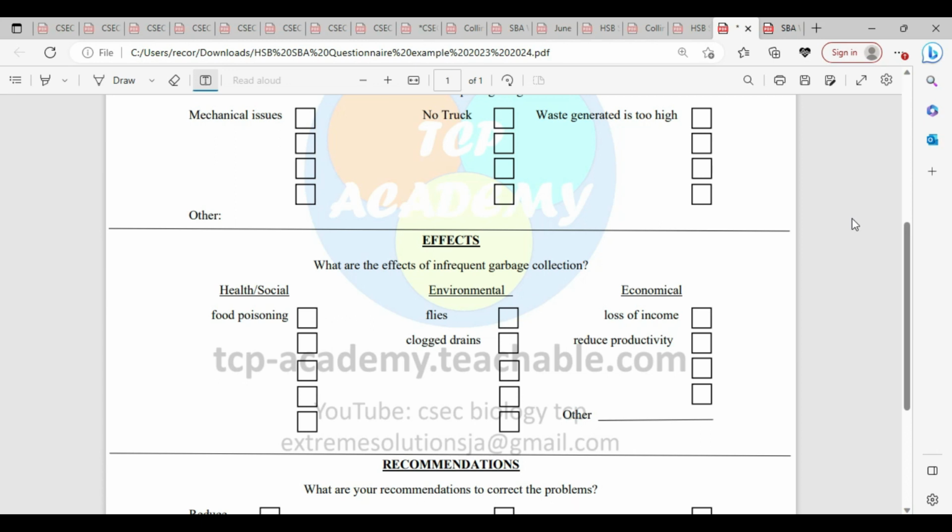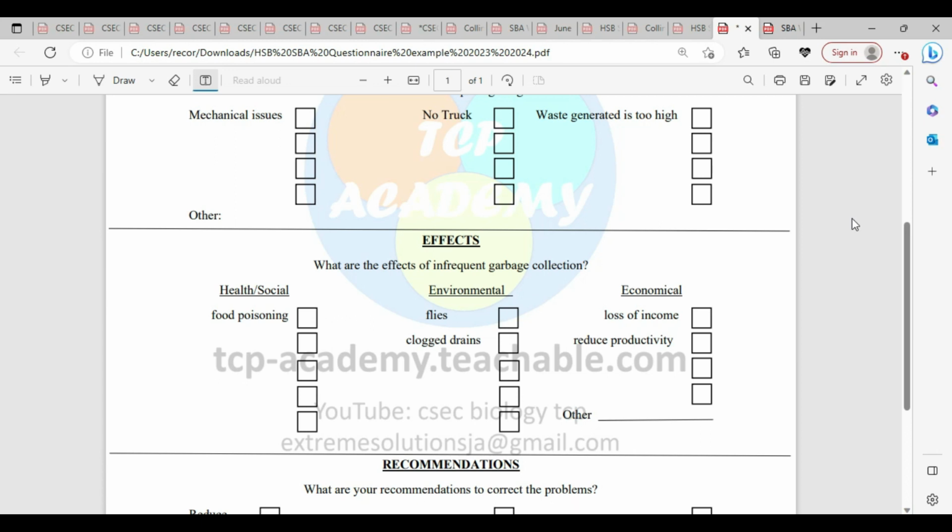If you have mosquitoes, you might have a health or environmental issue that is related to chikungunya, zika, dengue, malaria, that sort of thing. Now, you want to make sure that you're answering these questions in line with the syllabus for Human and Social Biology, and not just plugging in just about anything that comes to mind, or else it wouldn't help you much for your CSEC examination.